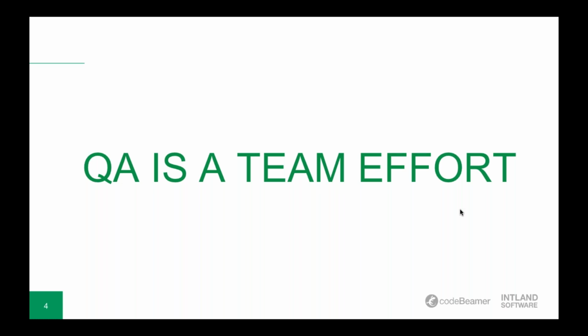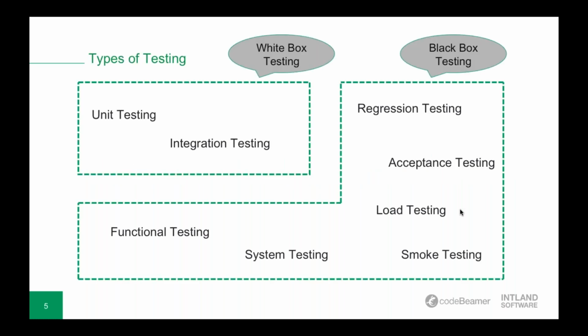So primarily, you do that by testing. These are the types of testing that you may or may not be familiar with. White box testing and black box testing. By definition, black box testing is a software testing method in which the internal structure, design, and implementation of the item being tested is not known to the tester.